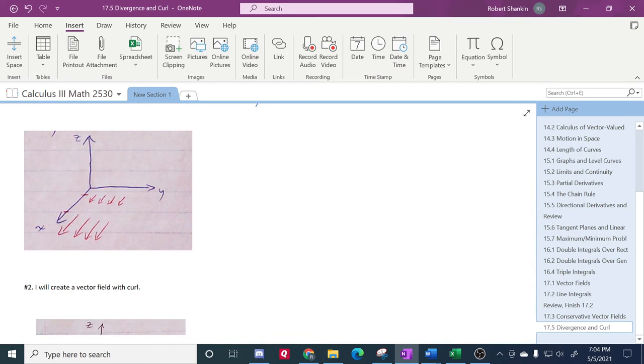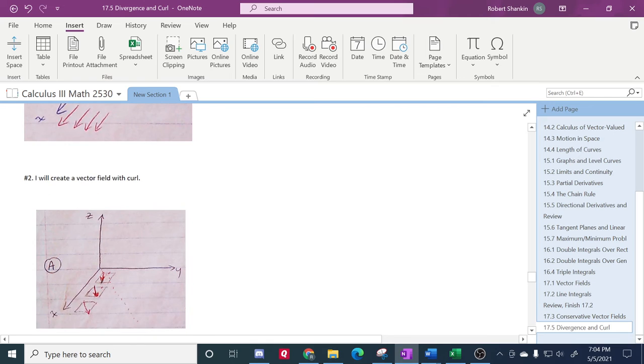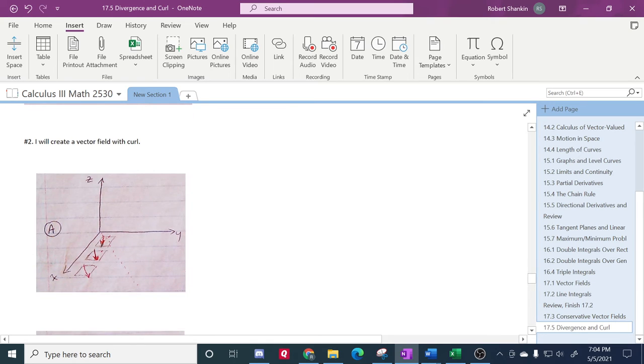So, now what this means is, imagine your function f is f of x, y, z, comma, g of x, y, z, h of x, y, z.